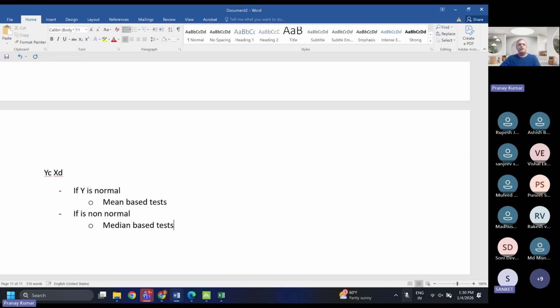Objective क्या है? We are still looking at identifying whether my x impacts my y.